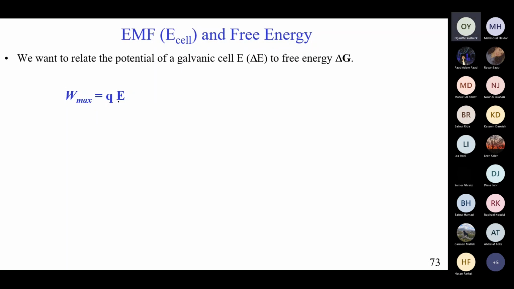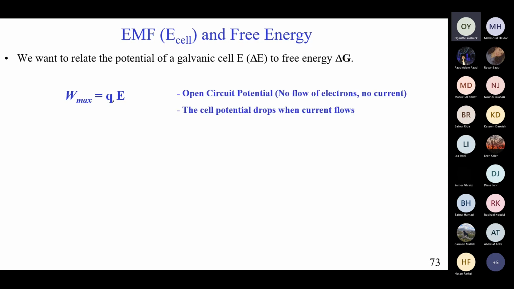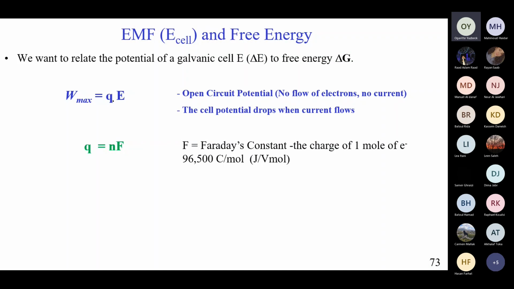It's related to the potential E of that cell, multiplied by Q. Q is N, the number of electrons transferred, times Faraday's constant.